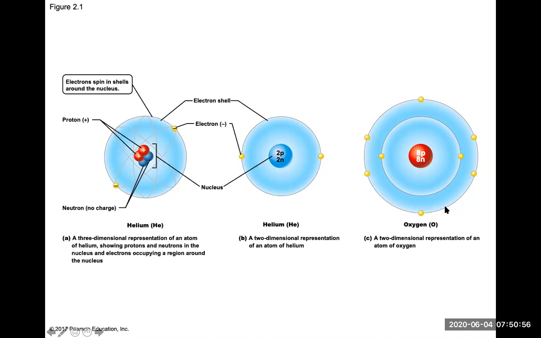So only 2 electrons can be in that first shell, and the second shell can hold more. If we get an element past oxygen that has even more electrons, we'll get more and more shells of electrons surrounding the nucleus.